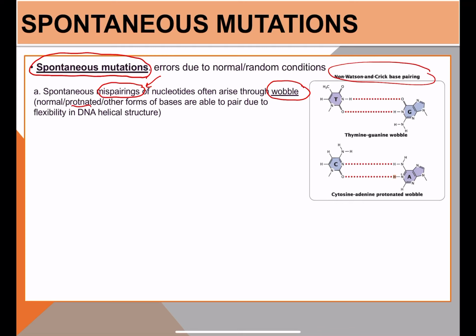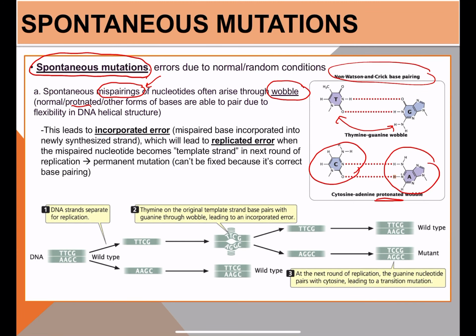So for example, here you have your usual TG base pairing, which is your Watson and Crick complementary base pair, but randomly, spontaneously, sometimes your cytosine will combine with an adenine, okay, a protonated type, where it protonated a particular part on the adenine, which makes it able to form hydrogen bonds with a base that is not supposed to, okay? So this usually leads to what's called an incorporated error. Okay, so when you have a base substitution that leads to a mispairing, this will lead to an incorporated error.